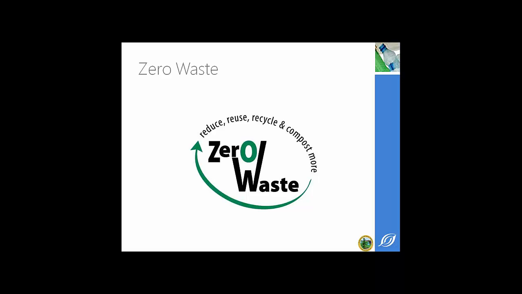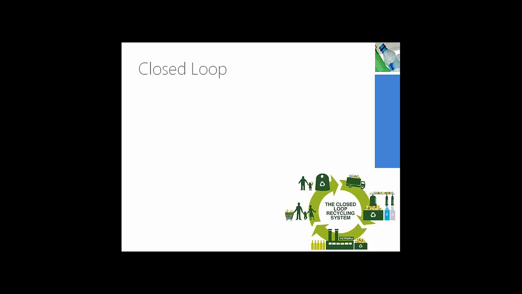And when we talk about the definition of zero waste, we mostly are talking about three key things. We don't want to burn materials, we don't want to bury them, and we don't want toxics in our products. So if we can eliminate burning materials, burying materials, and putting toxins in them, then we can probably get pretty close to zero waste.